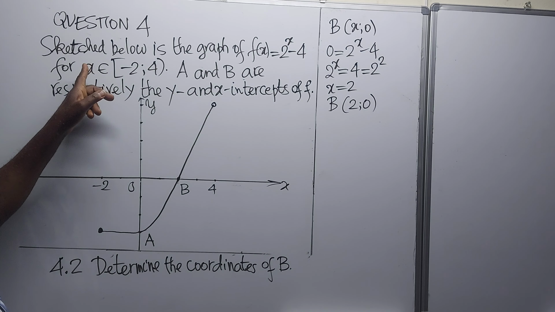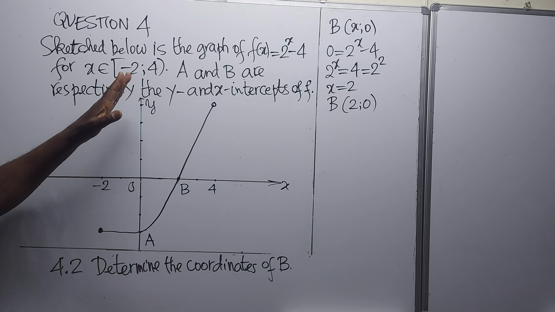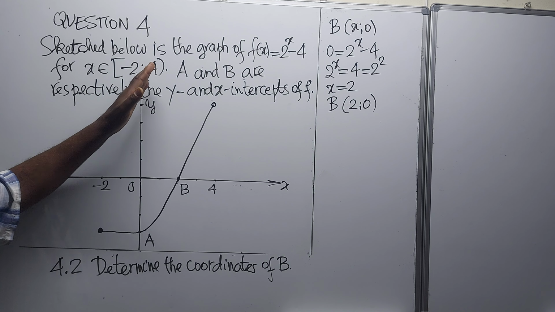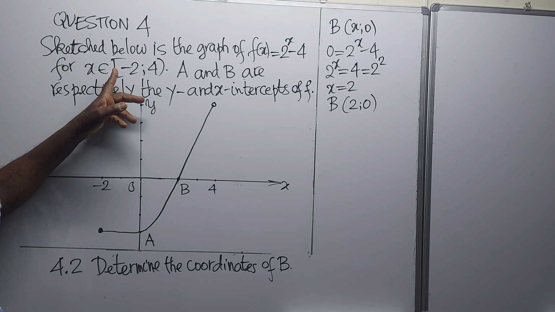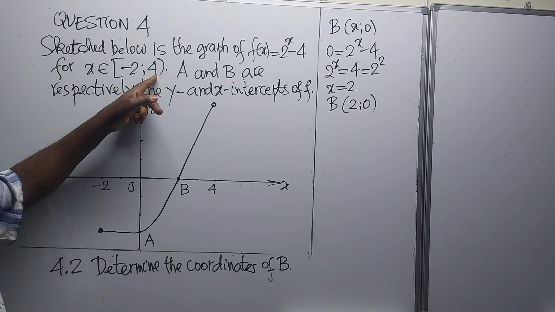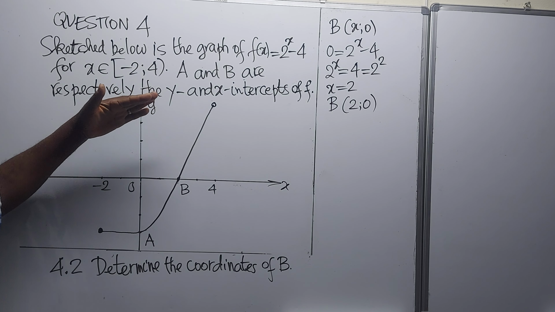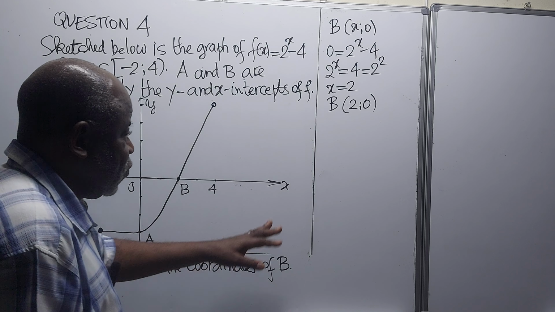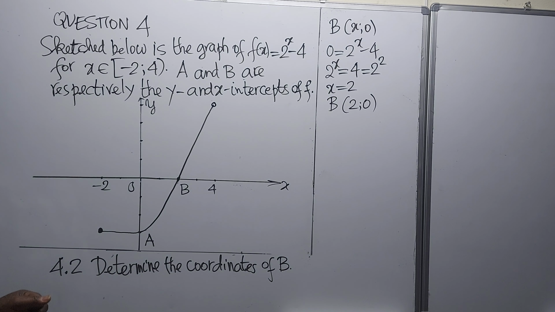As you can see, the interval is x from -2 to 4, closed on the left and open on the right. So we have practically responded to question 4.2. I'm going to clean the board and write the next question, which is going to be 4.3.